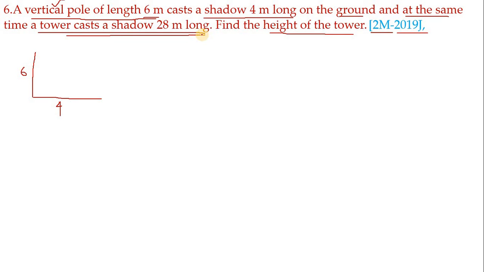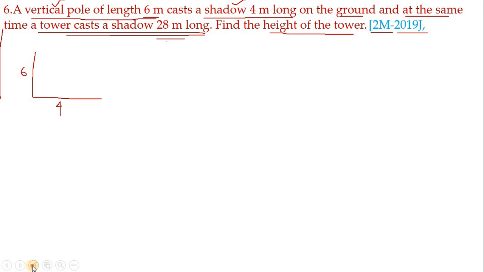See, you have to use common sense, children, here. Here, shadow length is 4. Here, shadow length is 28. Means, the shadow length of the tower is longer. Hence, tower height also will be longer. Hence, the tower you wanted to draw this side like this.